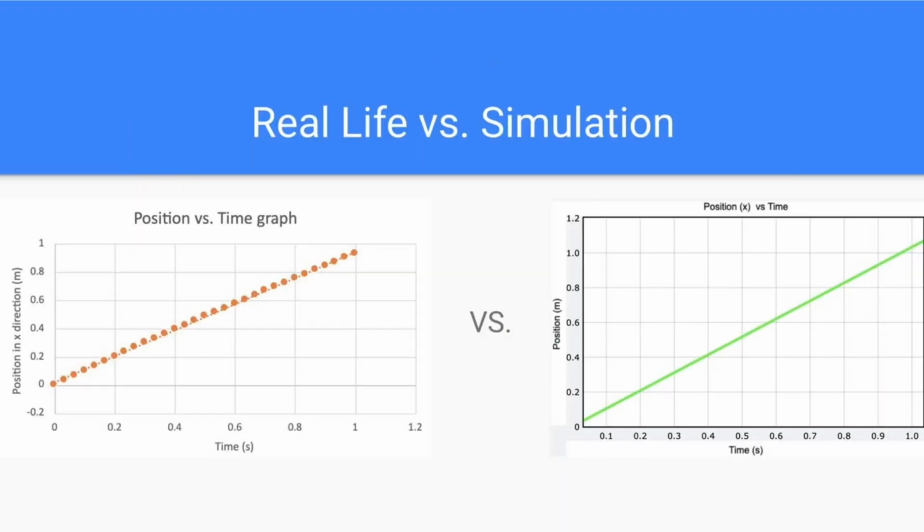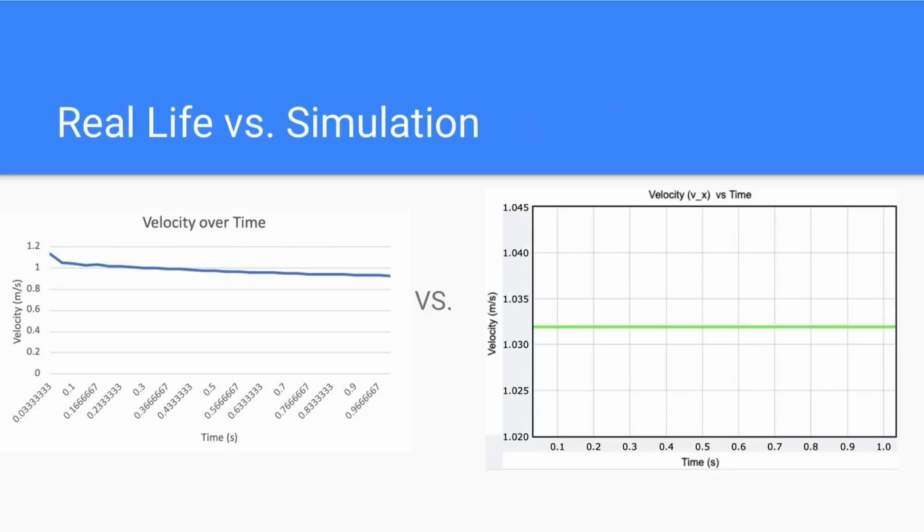Comparing the graphs, the one on the left is the real life graph, and the one on the right is the simulation graph. As you can see, the position graph in real life did not go as far as the simulation because of other factors like air resistance and friction force that are not accounted for in the simulation.